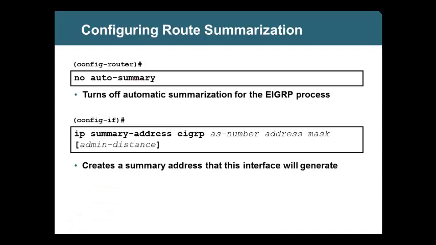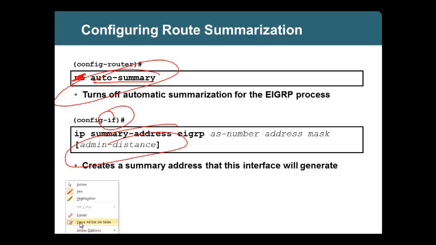You see, this is the command to cancel the auto summarization. If you want to enable auto summarization, just remove this no and put only auto summary. Then all the neighbors will get the summary route. But if you want one specific neighbor to get the summary route and the other one to have the detailed routes, as I showed earlier in the previous slide, then you have to go to the interface.